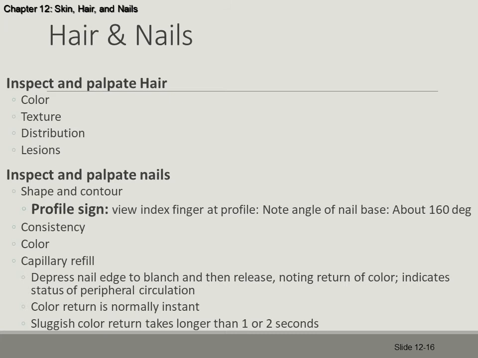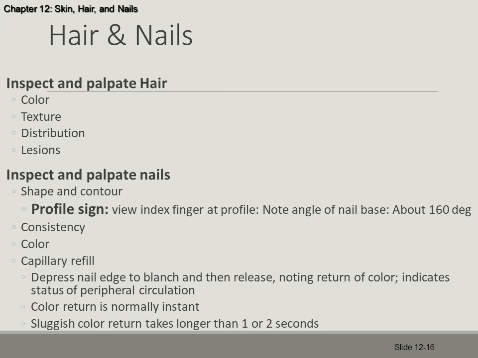And how we really know objectively that there's clubbing is that we're looking at the angle where the nail meets the cuticle. It should be about 160 degrees. When clubbing is beginning, it starts to flatten out a little bit, and that would give us about 180 degrees because of clubbing.